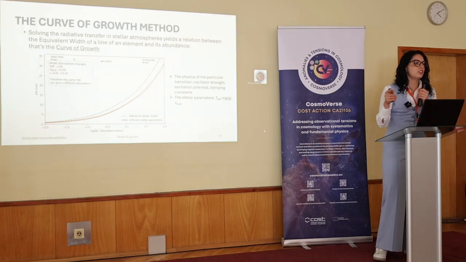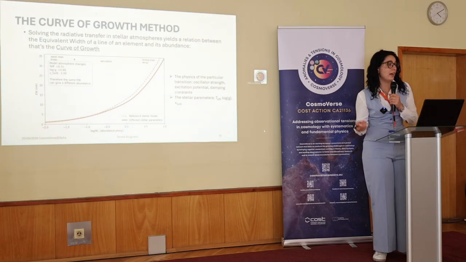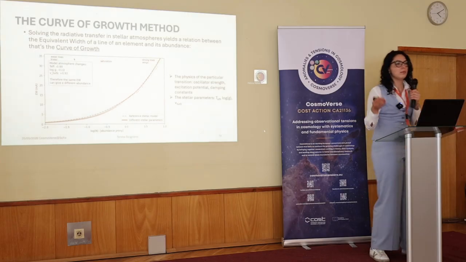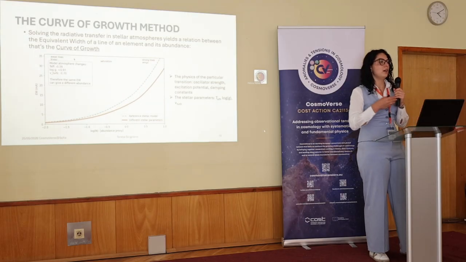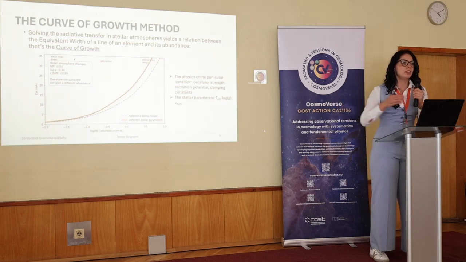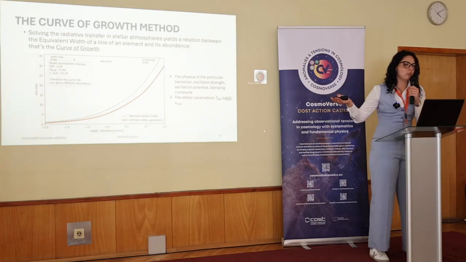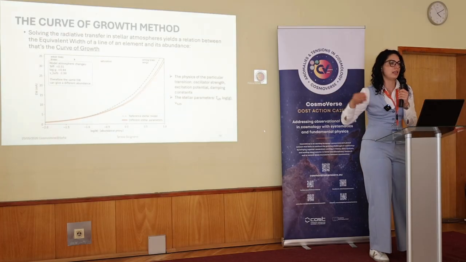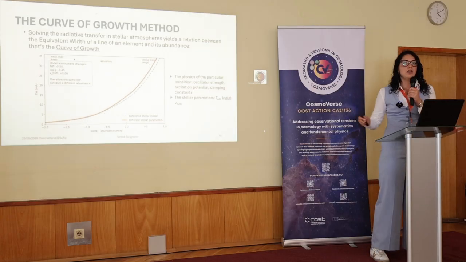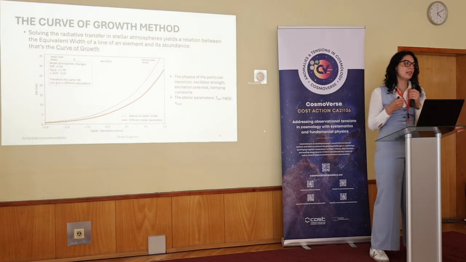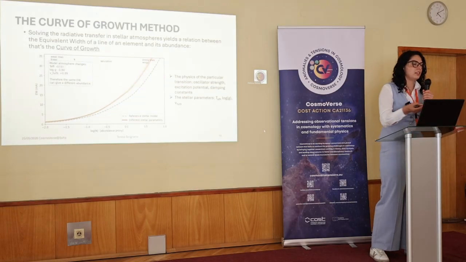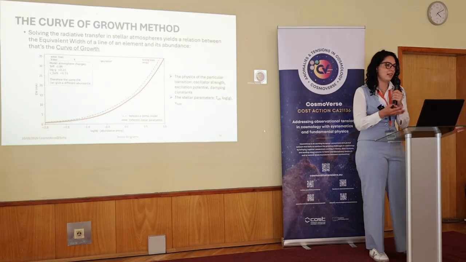The effective temperature is the temperature of the atmosphere of the star. The log g is a proxy for the surface gravity, because this also has an impact. You can imagine that, for instance, for a white dwarf and for a classical giant, there are two completely different values of surface gravity, because one is a giant, so the atmosphere, the external layer, is not so linked to the core of the star, and the other one is a dwarf.